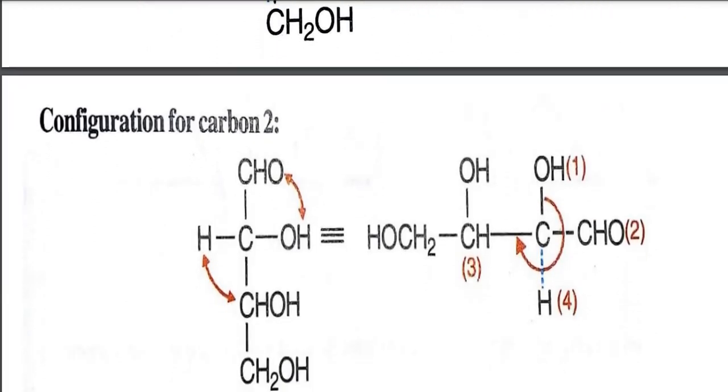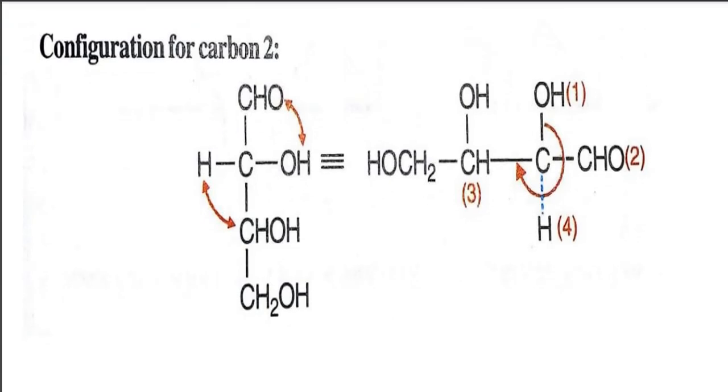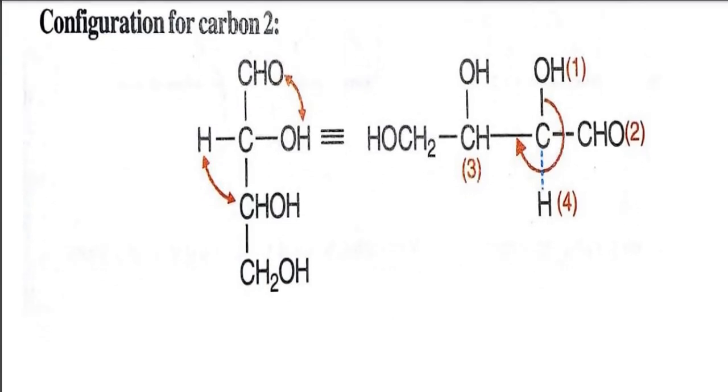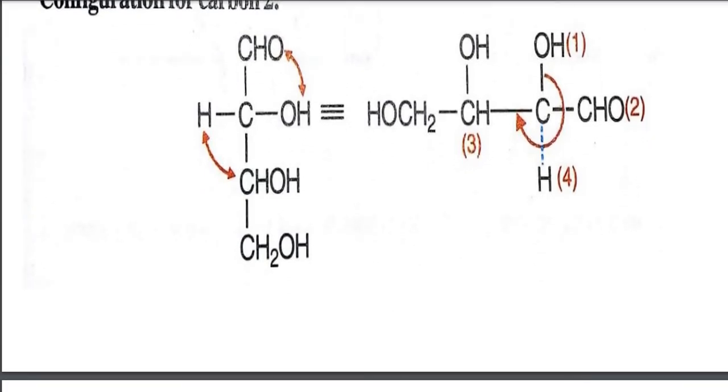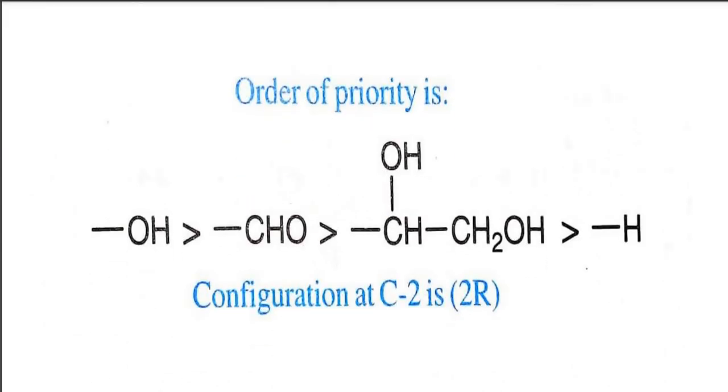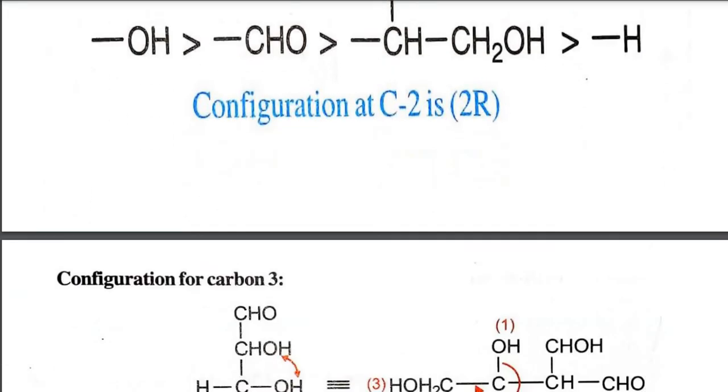For the configuration of carbon 2, look at this carbon and give the priority accordingly. The order of priority is the OH, the aldehyde, the dialcohol and hydrogen. So the configuration at C2 is 2R.